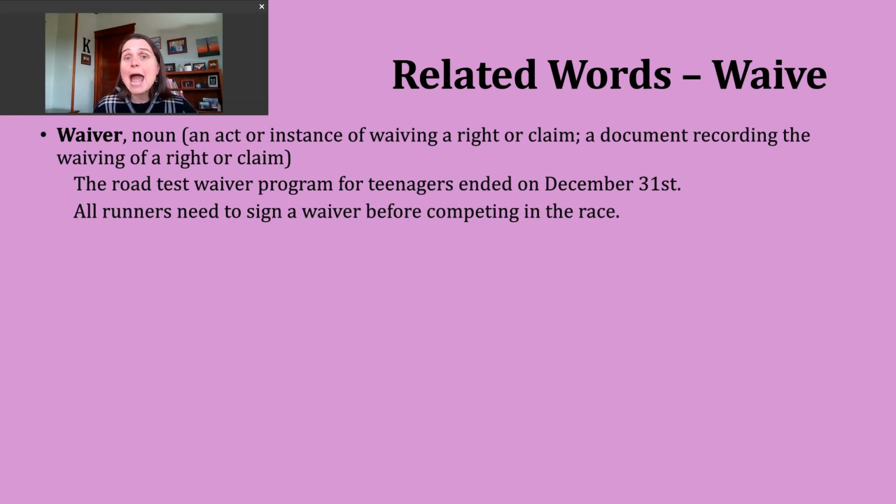This is something that happened during the pandemic. So, in most US states, a teenager has to take what's called an on the road test. So, they get in a car and show that they are capable of driving.